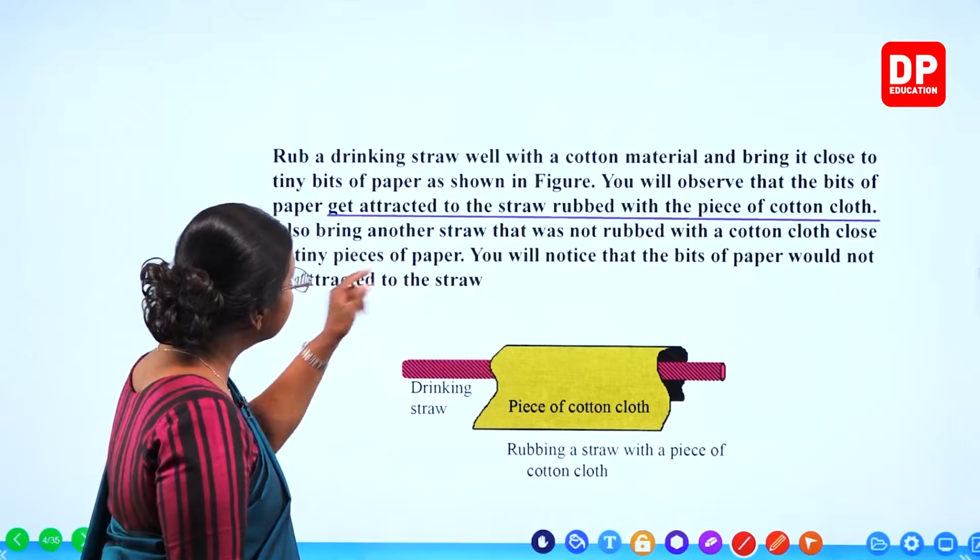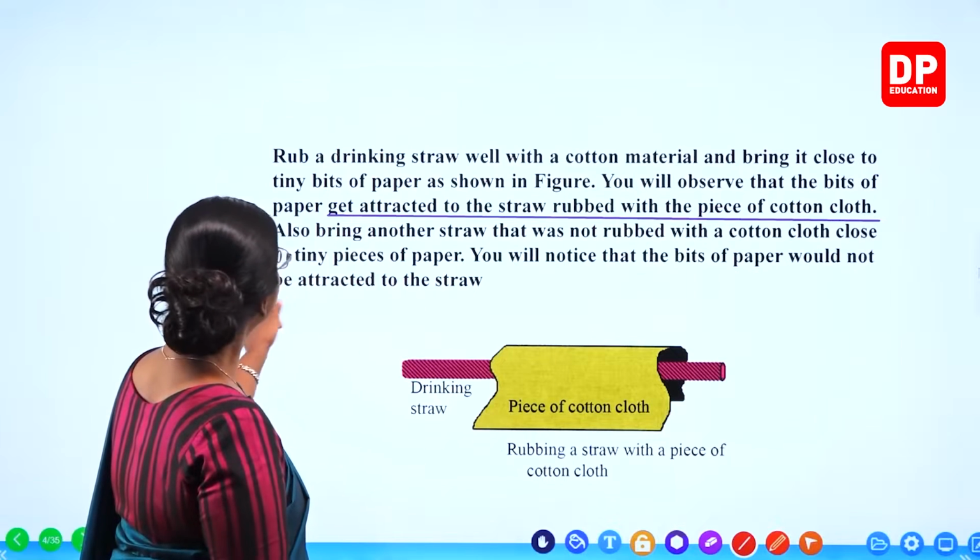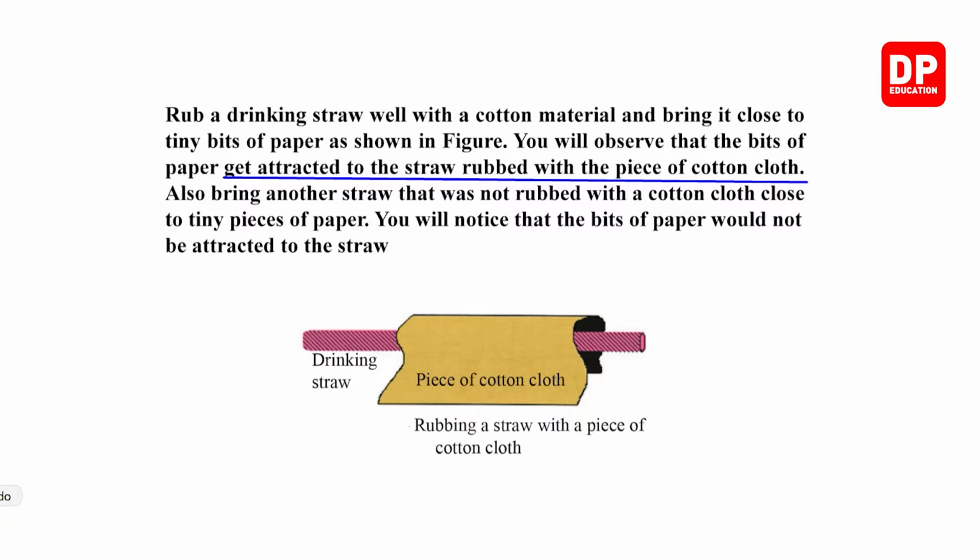Also, bring another straw that was not rubbed with a cotton cloth close to tiny pieces of paper. You will notice that the bits of paper would not be attracted to the straw.